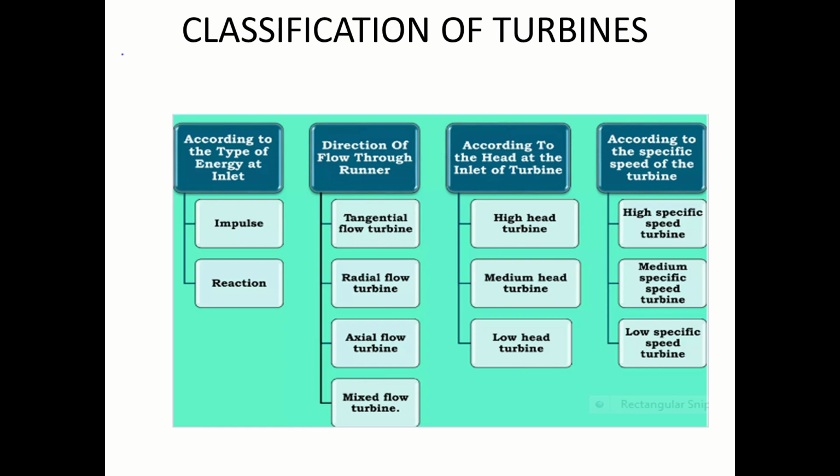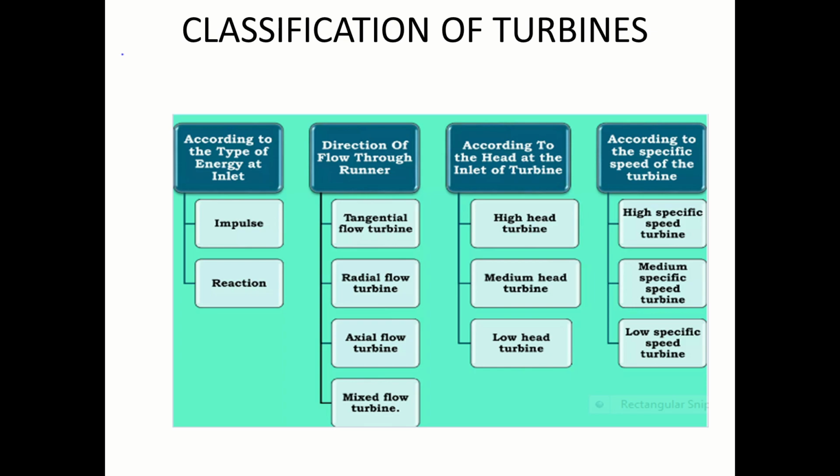Okay. Now the third classification is according to the head at the inlet of turbine. So we all knew any hydraulic machine will be working under different heads. So depending upon the head of water available, it is high head turbine, medium head turbine, low head turbine. And the fourth classification is according to the specific speed of the turbine.